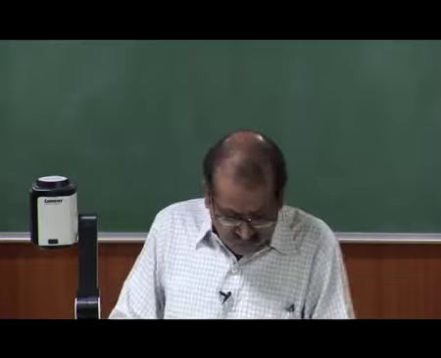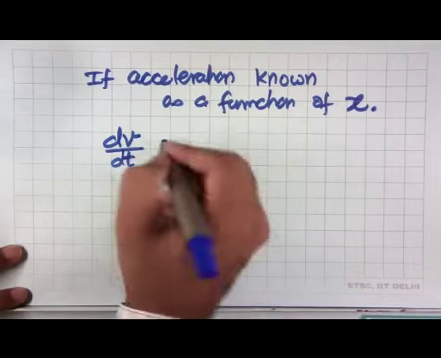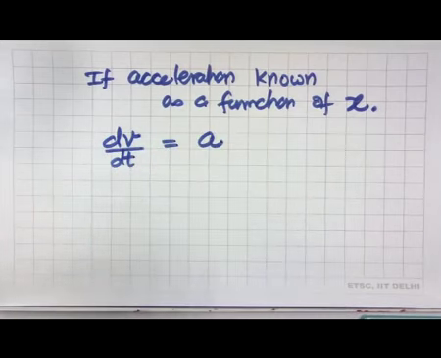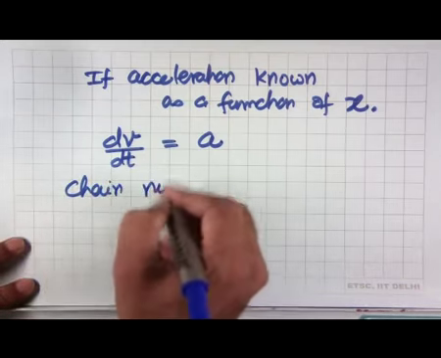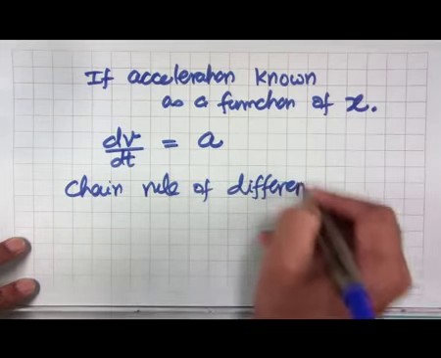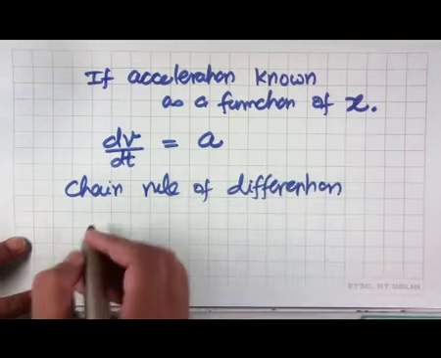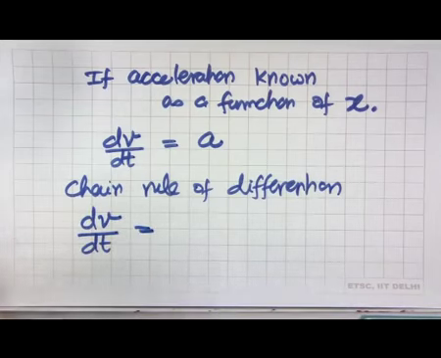So, in this case what we can do is, we have dv by dt is equal to a. Now, we can use the chain rule of differentiation, because acceleration is given as a function of x. So, we want to write dv by dt in terms of x.